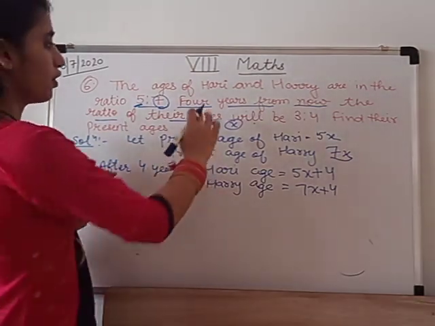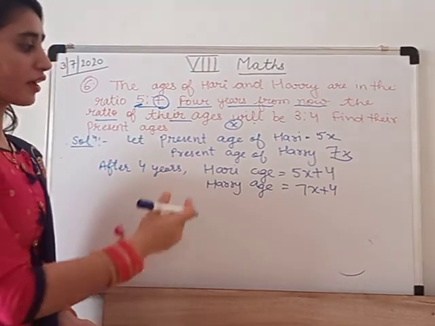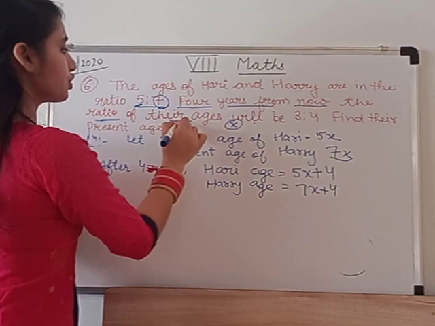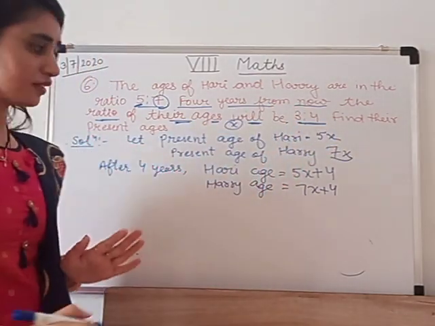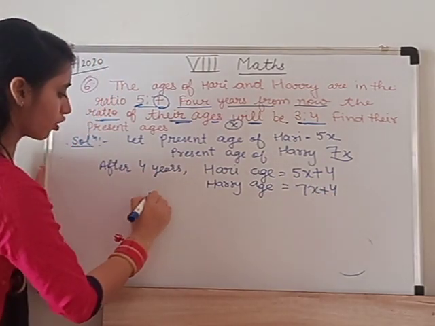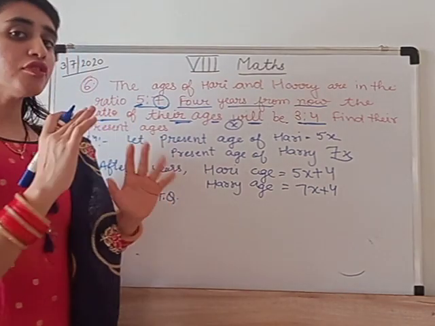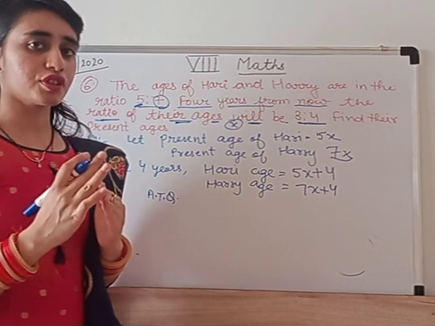Now 4 years from now, their ages are 5x plus 4 and 7x plus 4, and the ratio of their ages, according to our question statement, will be 3/4. We have to make a linear equation in word problem questions.